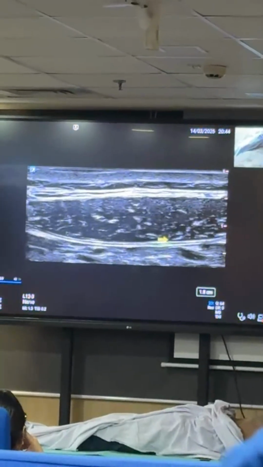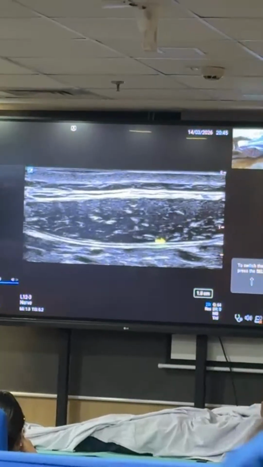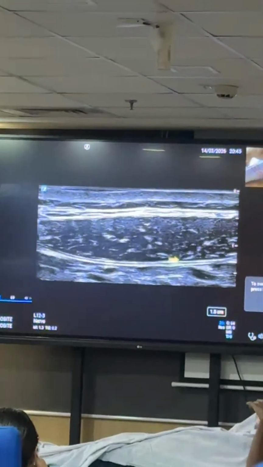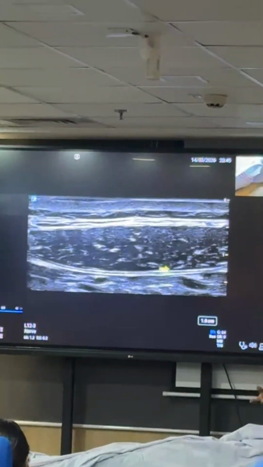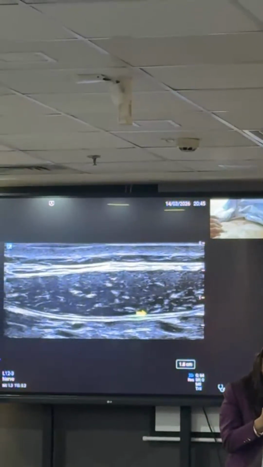And where exactly you have to deposit your drug is on the lateral side of the rectus abdominis muscle, because in the same plane the nerve will pierce and exit to give the cutaneous branch to supply the anteromedial abdominal wall.